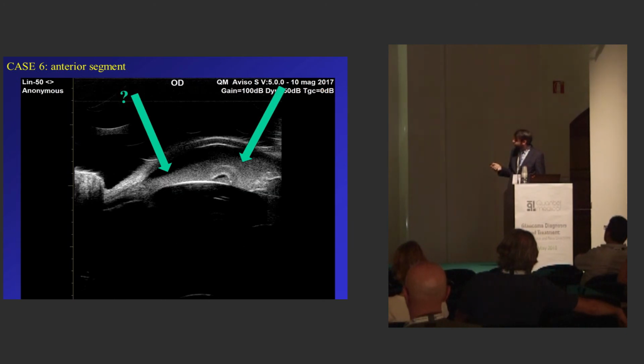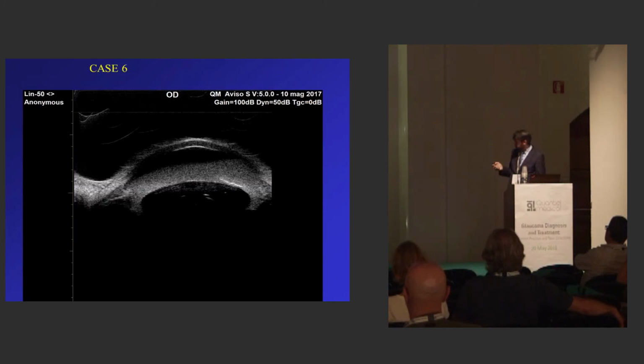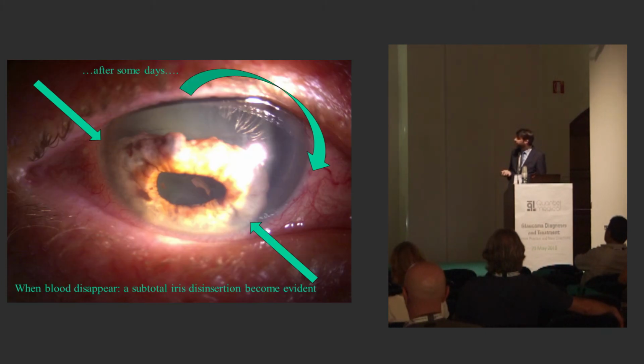And the UBM is interesting, because here you can see blood that covers the anterior surface of the lens, but here you don't see anything but blood. Here you see some that could be the iris, and even here you see blood covering the anterior surface of the lens. You see the iris here, but not here. And after some days, a subtotal iris disinsertion became evident.